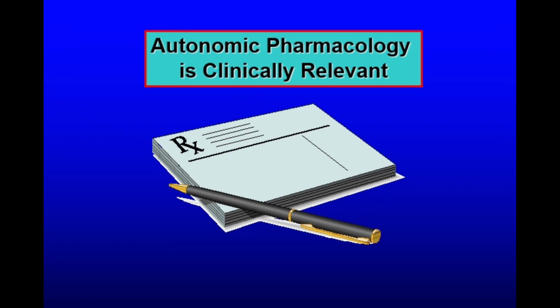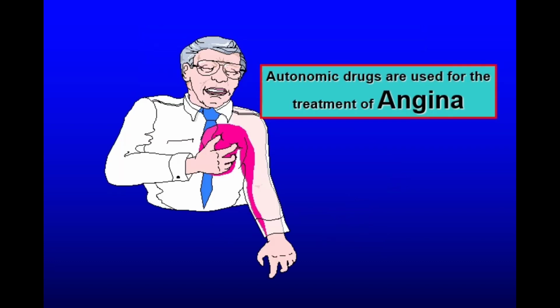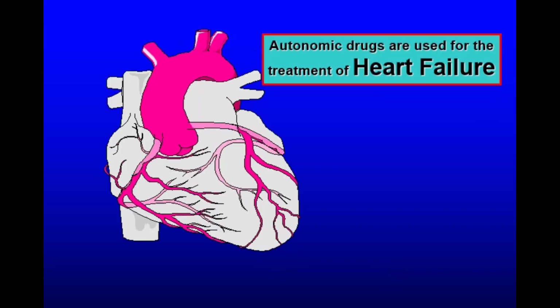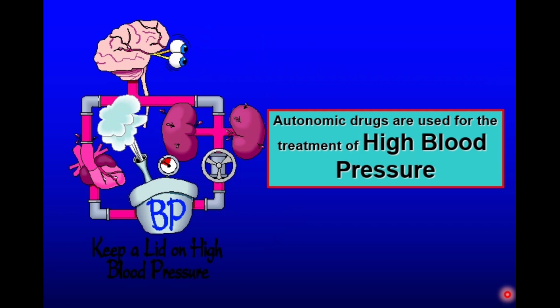As I mentioned earlier, the pharmacology of most drugs described in this section is clinically relevant. For example, I am going to explain the pharmacology of some of the drugs which are useful in the treatment of cardiovascular disease such as angina, heart failure, and hypertension.